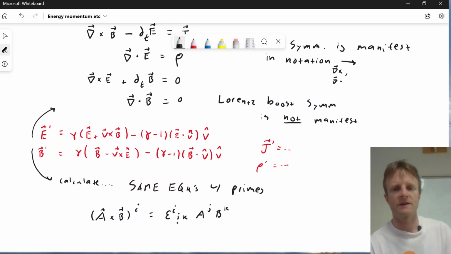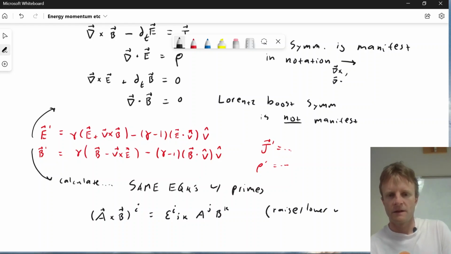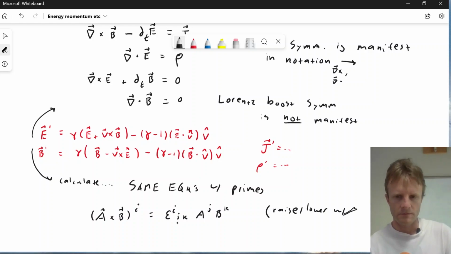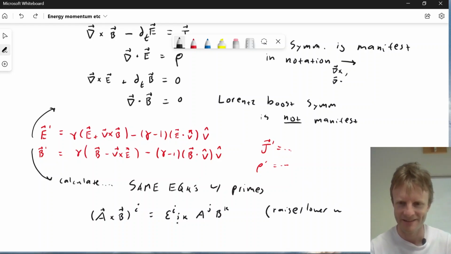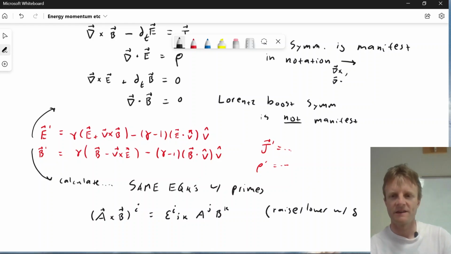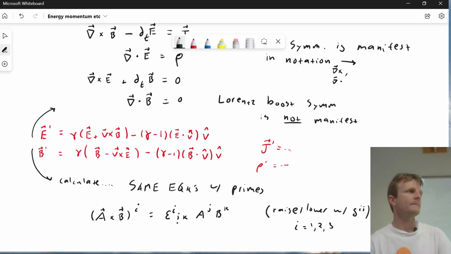So now I'm raising and lowering with delta ij, which is the spatial metric. The convention is that spatial indices i and j run over just 1, 2, and 3. That's just a nice way of writing the cross product so we can start getting closer to the index notation.